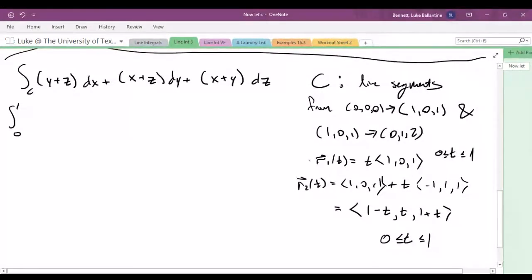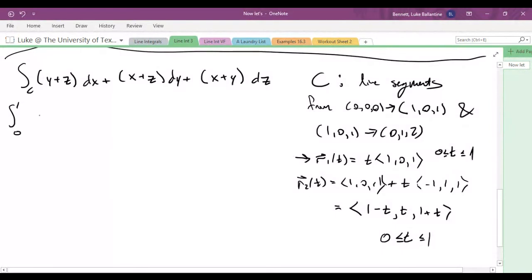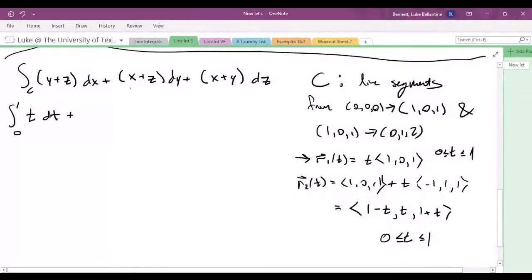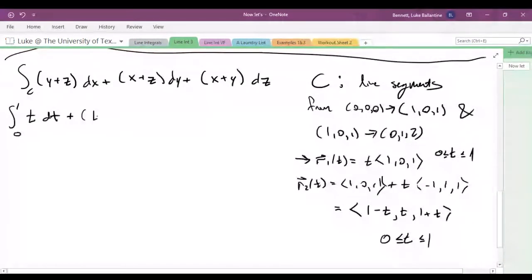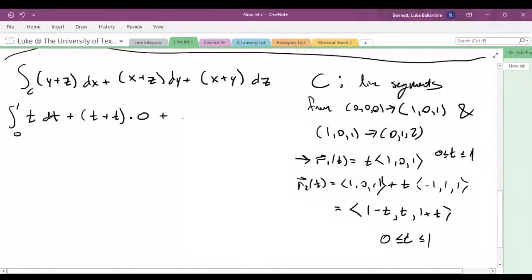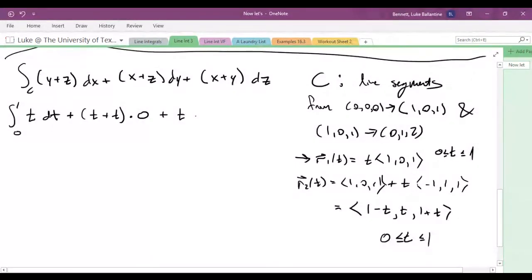Looking at this guy, y is 0, z is t. dx is just dt, plus x, which is t, plus z, which is t, times dy, which is 0 dt, plus x plus y, that's t plus 0 is t, dz is dt.